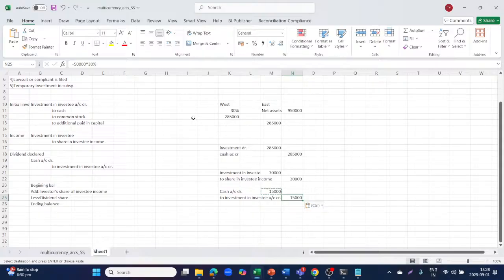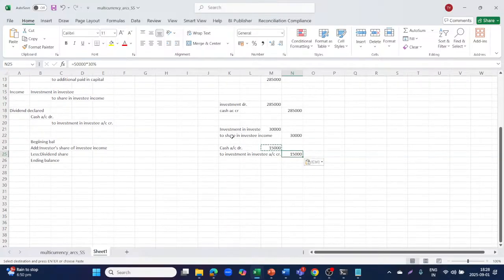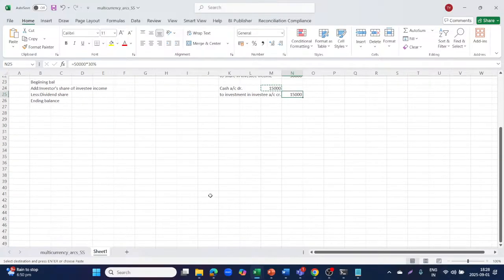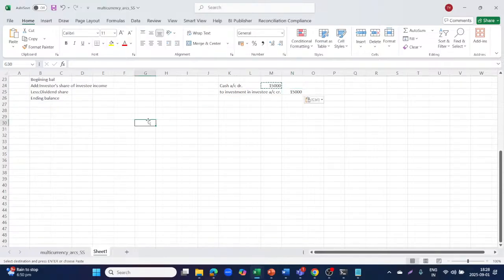Now, if we talk about presentation and disclosure, as I said, they are measured at amortized cost. So on the balance sheet, they will be presented at the amortized cost.